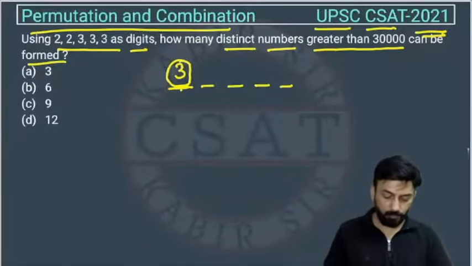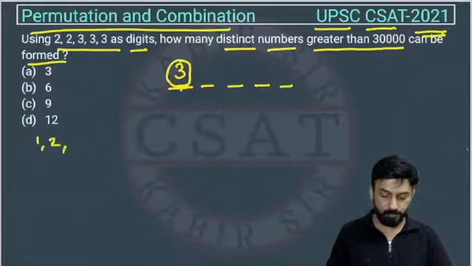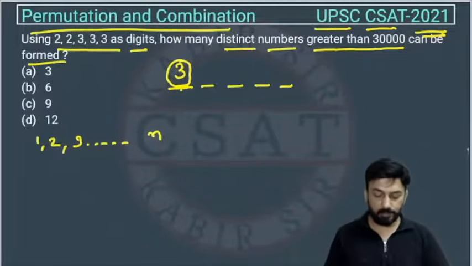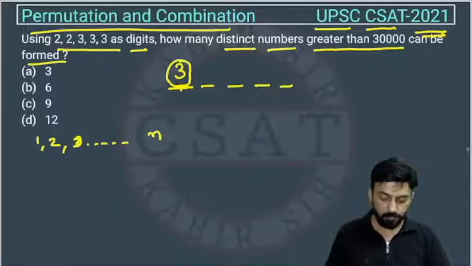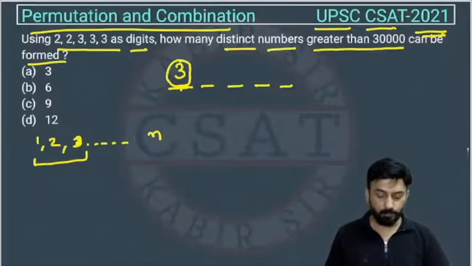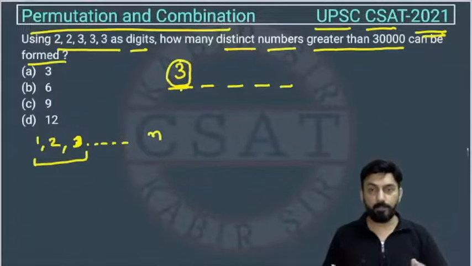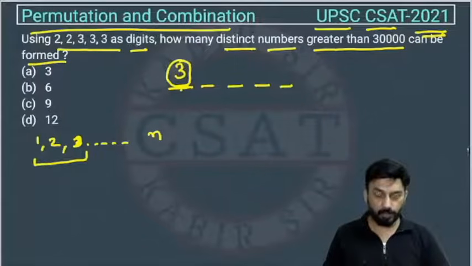So here we will use one formula, right? Suppose there are n objects, like first, second, third. In this way we have n objects, and out of these n objects, suppose p objects are of the same type, right?